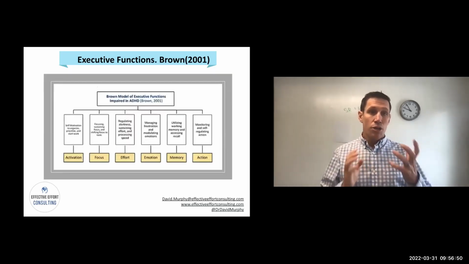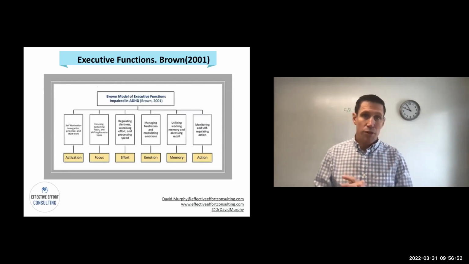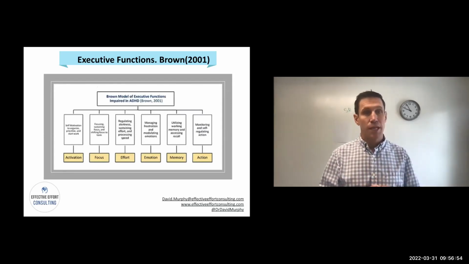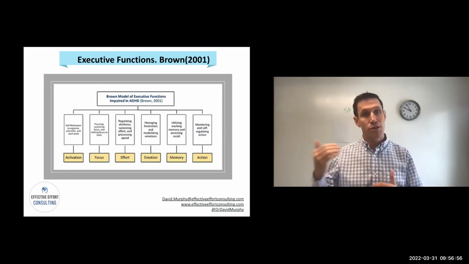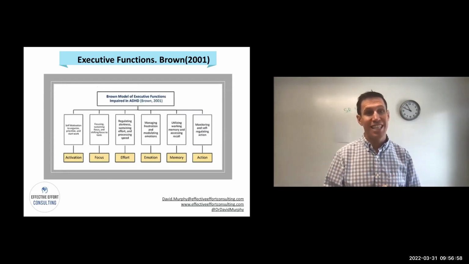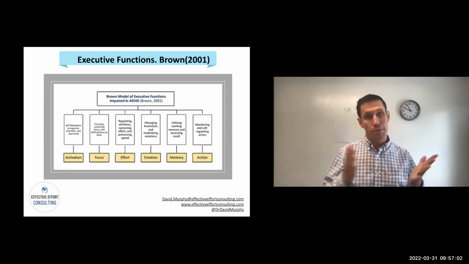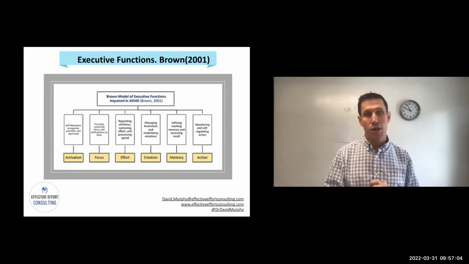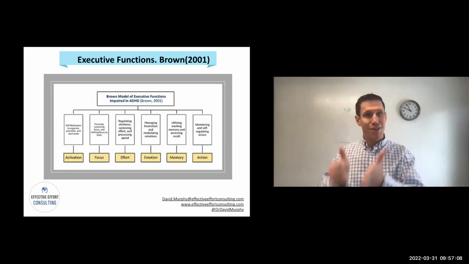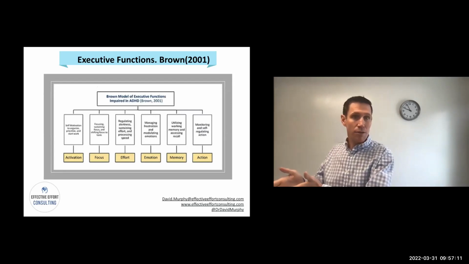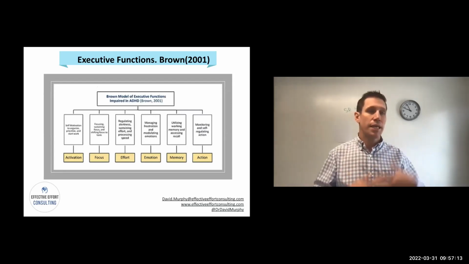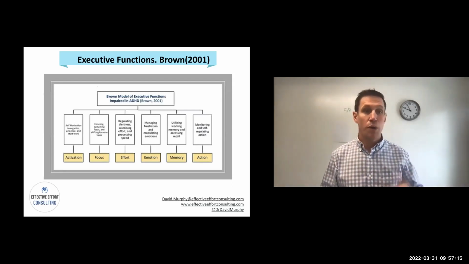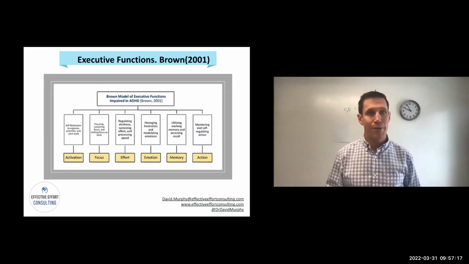So you all, as a school, utilize Brown's model in terms of your tier 1, tier 2 intervention plan and data gathering. So you have an evaluation that uses Brown's model, and Brown's model is based on a theory, right? That he started to load questions and how those questions fall into different categories. And these are his categories, and he's packaged it, and he's produced questionnaires that can be used to evaluate student performance.